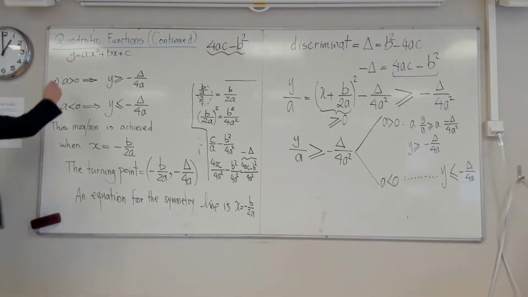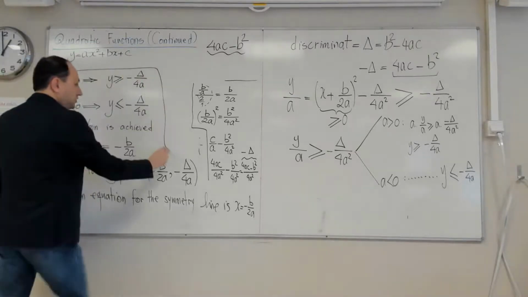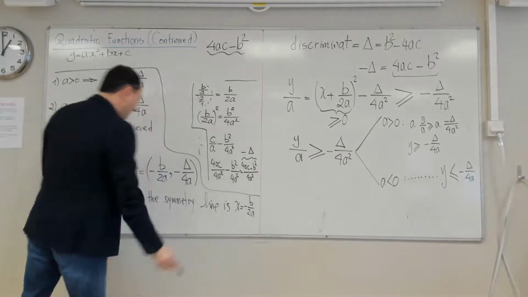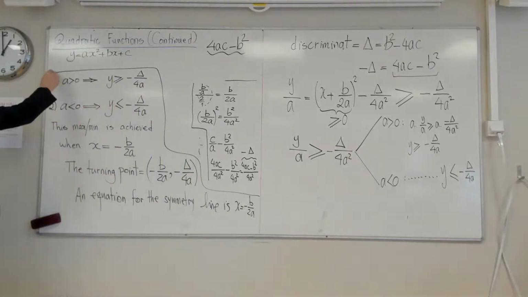Okay, so this is the summary done in general. But of course, don't be happy. These are not given to you in the formula sheet. But anyway, you understand what's going on.